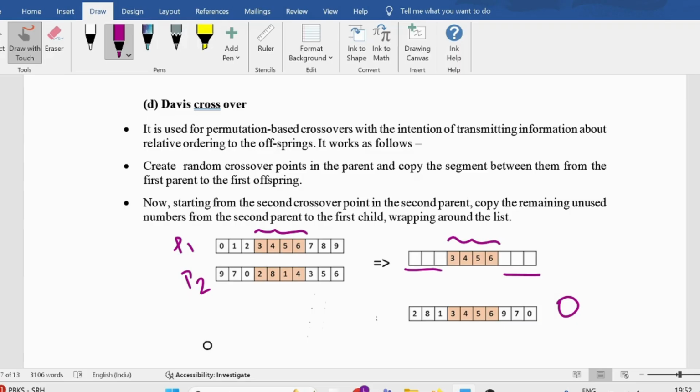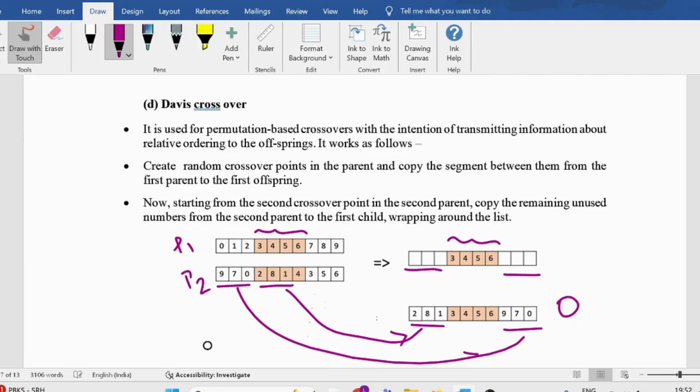So for the leftover sites, first we copy the remaining portion from the second parent, and then we wrap around and copy the rest from the second parent. So those two are copied like this. This type of crossover was devised by a person called Davis.